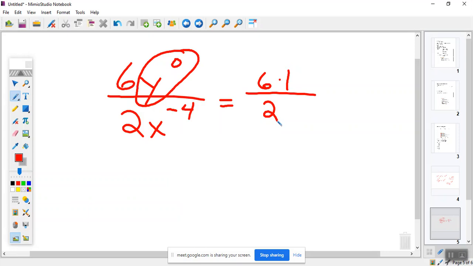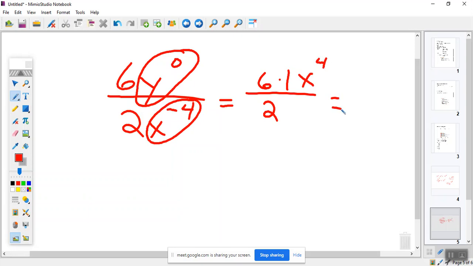Okay. So this x to the negative 4th, and we kind of talked about this a little bit yesterday, and I want to hammer on this again real quickly this morning. I said if an exponent to a variable or some expression was ever negative on one side of the fraction bar, in this case the bottom, then this exponent would be positive on the opposite side. So this x to the negative 4 could move to the top, but it would change to x to the 4th, right?